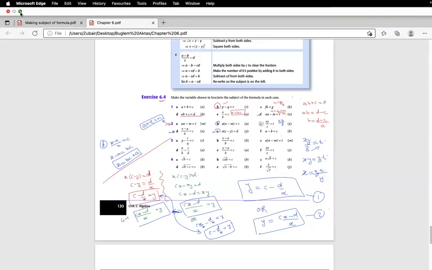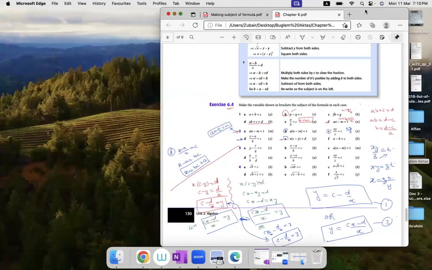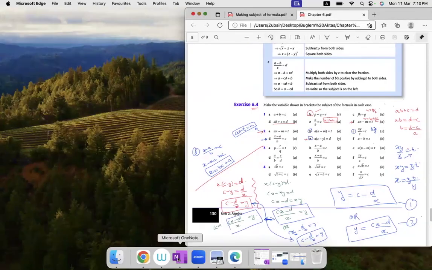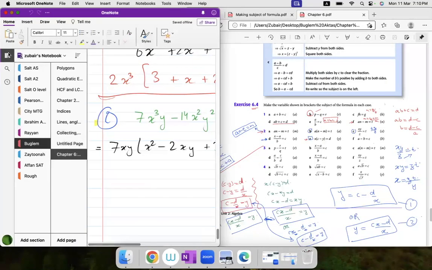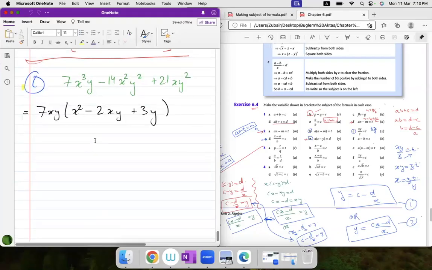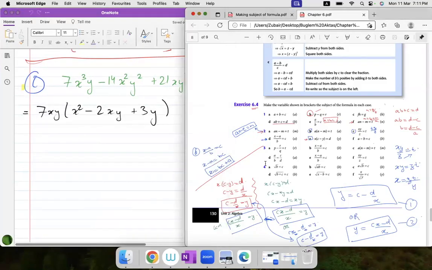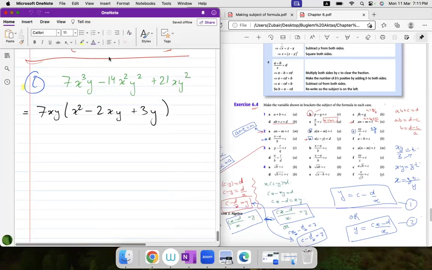Okay. These were the questions we did yesterday. Question 3C, making M the subject of the formula.